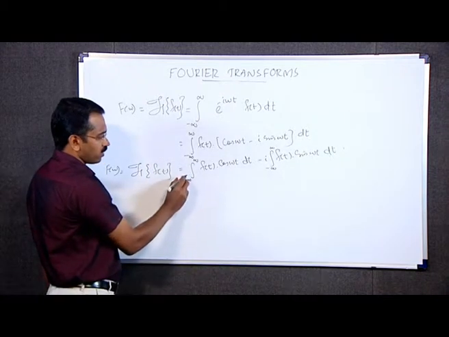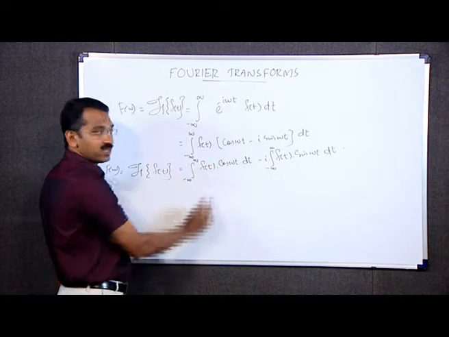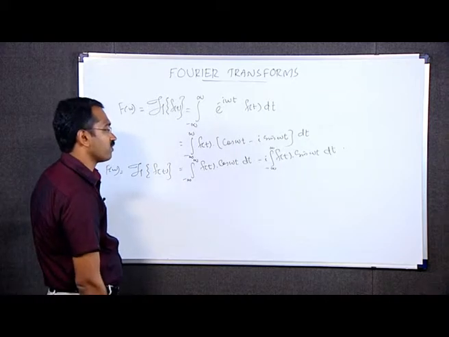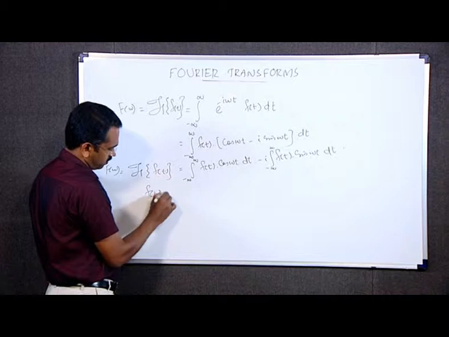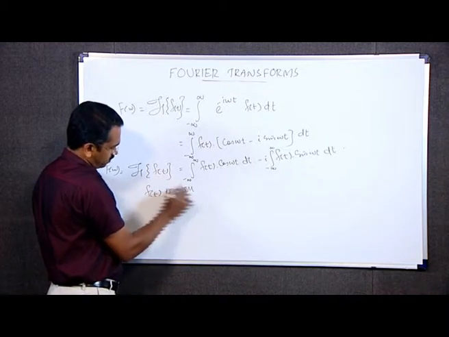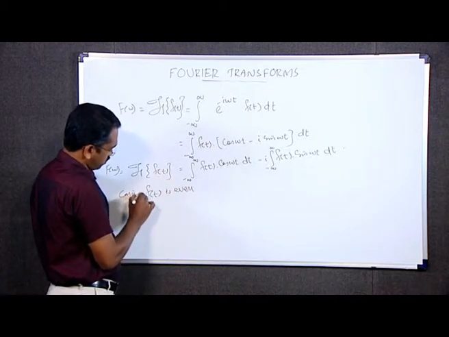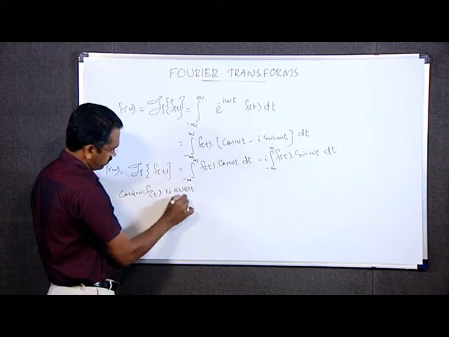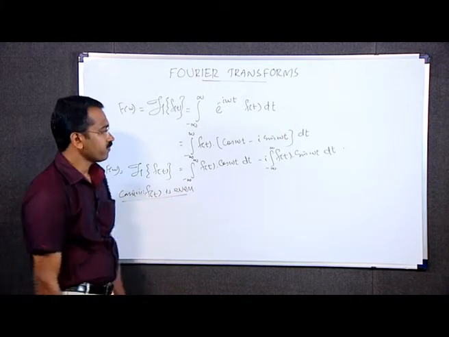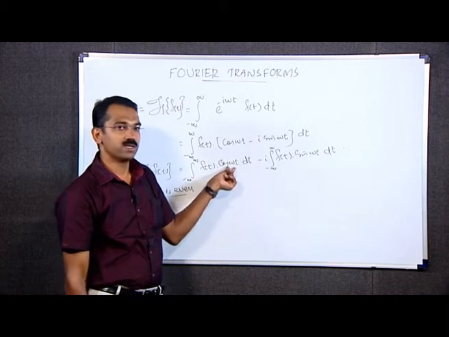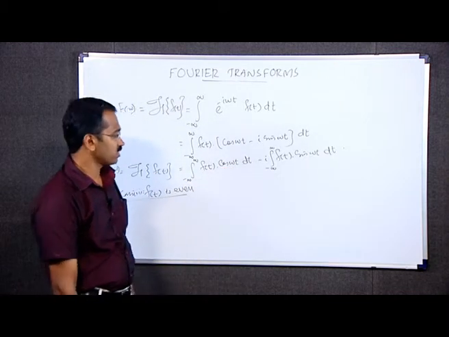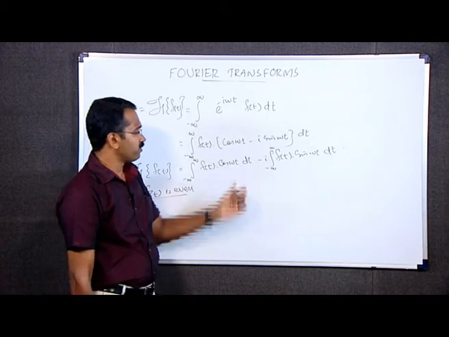Now, consider the case f of t is even. This is case 1. We know that cos omega t is always an even function, because cosine functions are even functions.